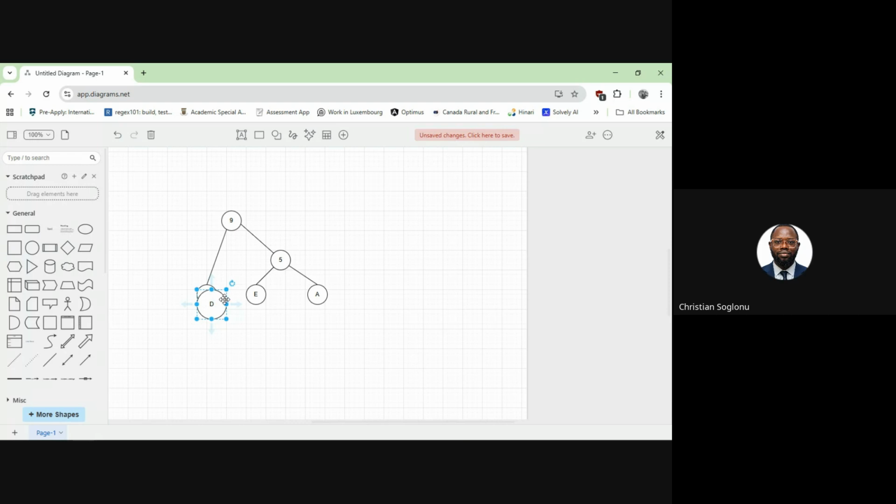Before the C. Okay, so B is also 5. So we connect B to here as well.